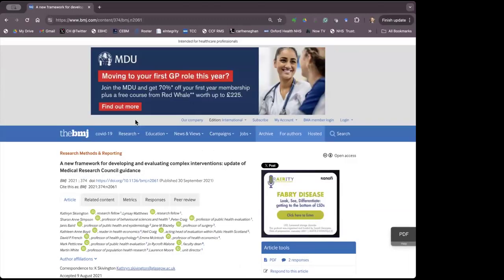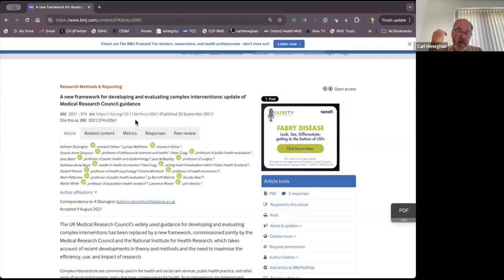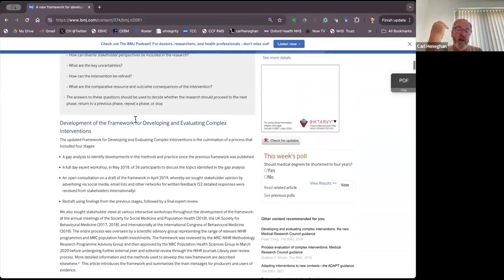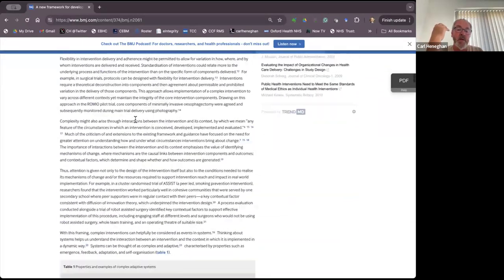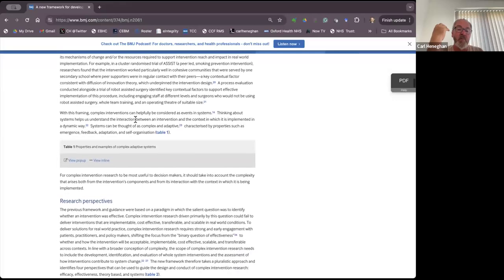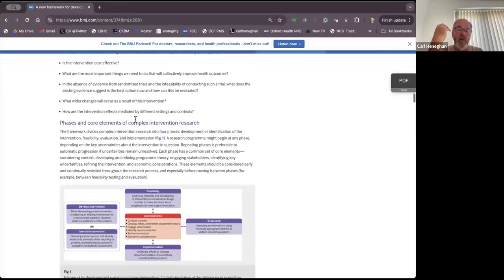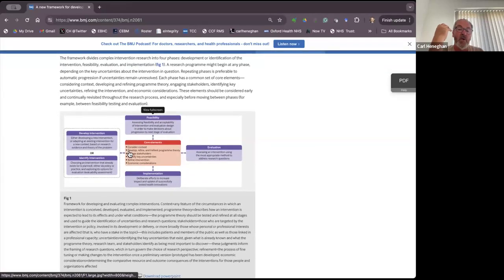So I think you want to really think about it. I have DPhil students who use this framework to very clearly set out the steps of what you're doing. And here are the core elements of this framework for developing and evaluating complex interventions.